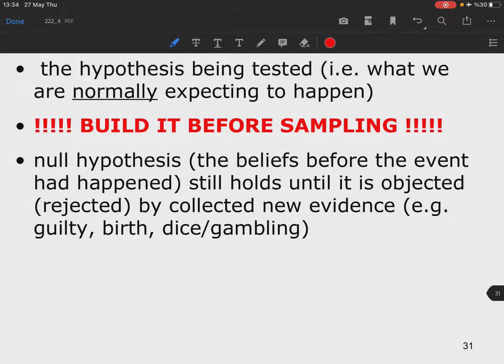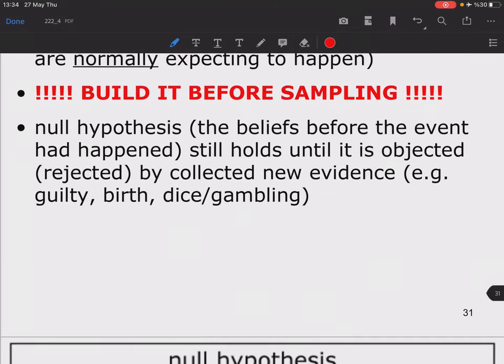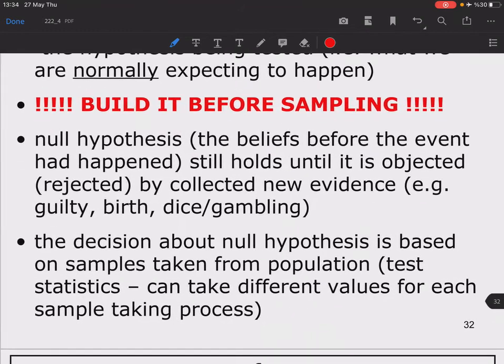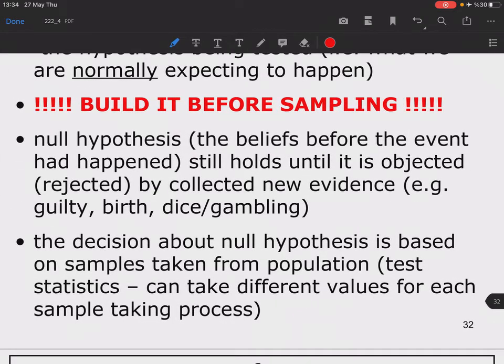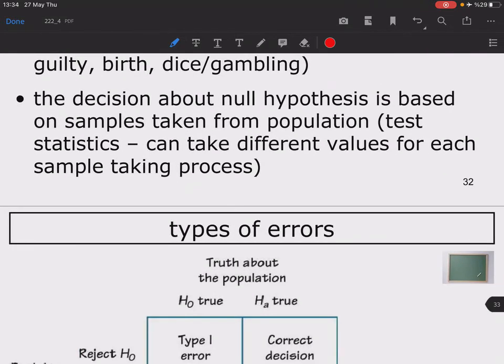So those H0 or null hypotheses are defined well before. And the decision about the null hypothesis is based on samples taken from the population. So then we're going to decide to reject it or not. This is called the test statistic, which can take different values for each sampling process. So you can have different values for different sample sets.